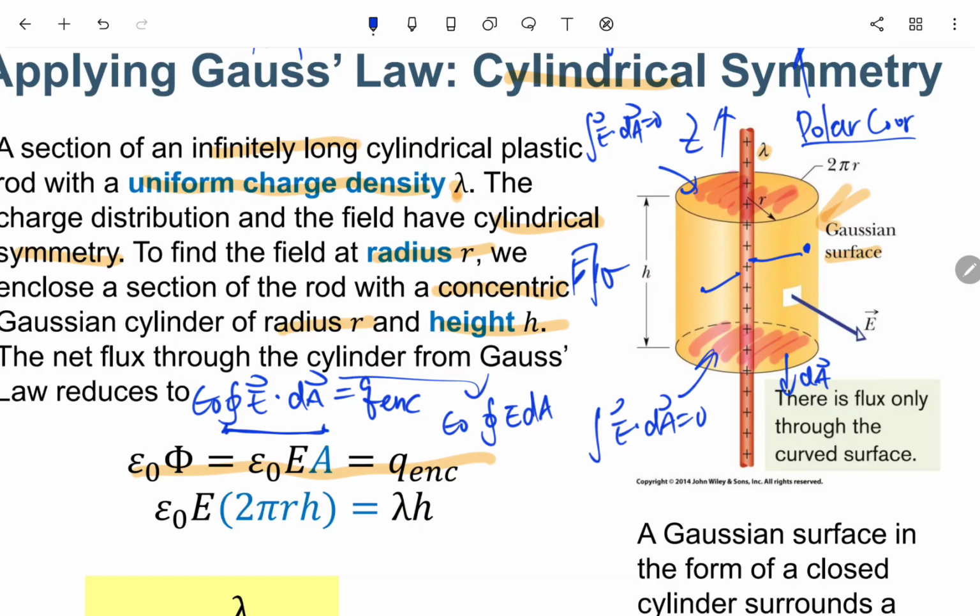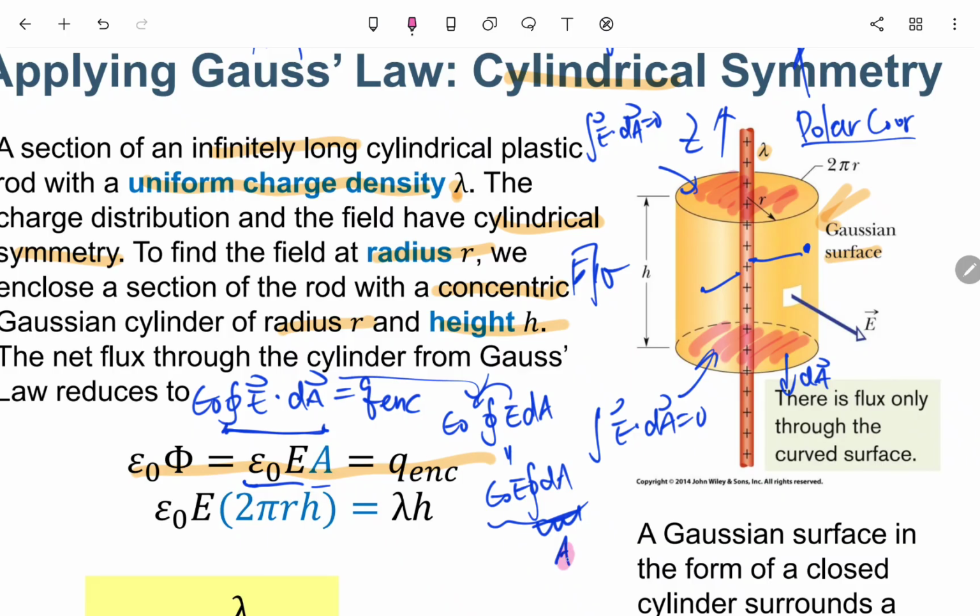Cosine of 0 degrees is 1, and E is constant, so it turns out to be epsilon naught E times the integration of dA. Just like the previous example, although the shape is not the same, the formula is similar: epsilon naught E times A equals Q enclosed.